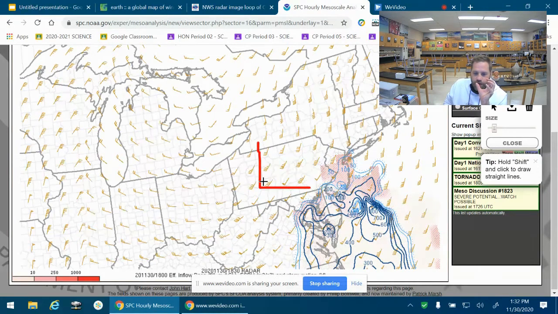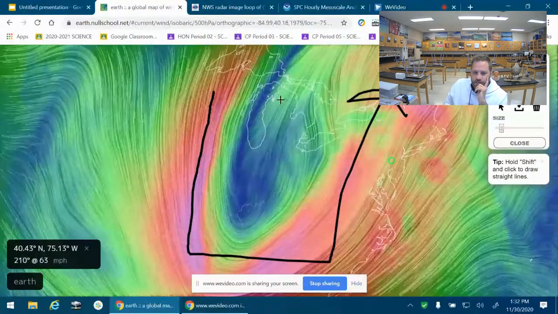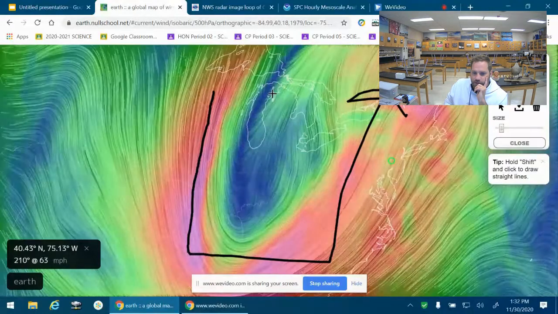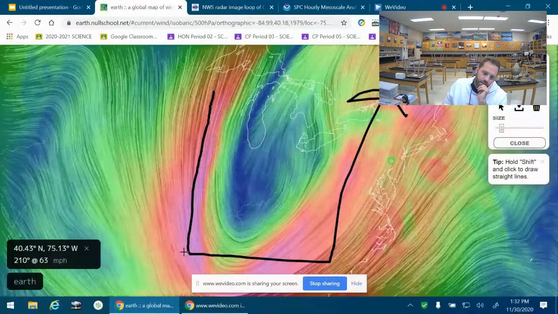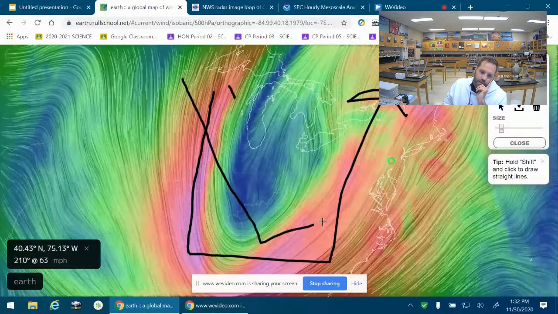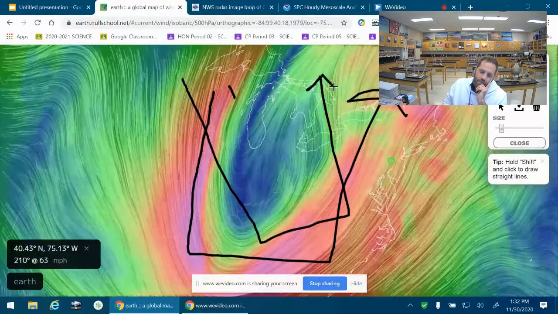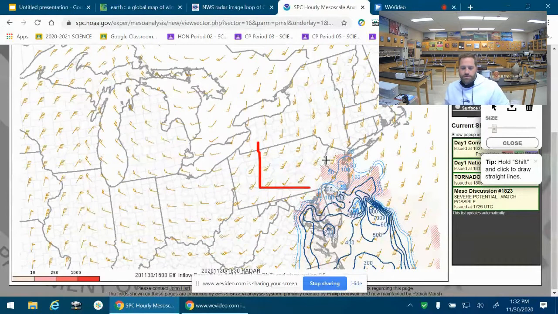And I know we haven't gotten to this, but when your trough is this deep and it's starting to do a negative tilt, a negative tilt is when this jet stream turns, but it's forecasted to start going like this. You combine that speed with helicity, you're going to issue a tornado watch, just to give people a heads up that you could have severe thunderstorms with the risk of one dropping a tornado.